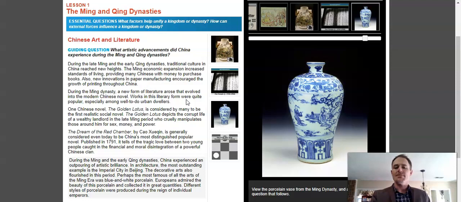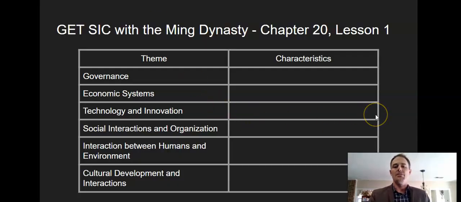So don't just focus on the reading. Okay, use these other resources to help you gather information about the Ming Dynasty so that you can describe its characteristics and sort them into the Get Sig chart.